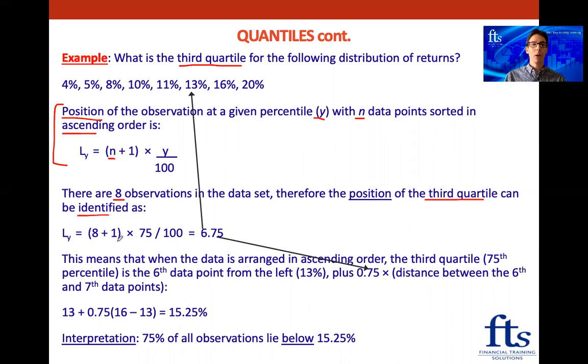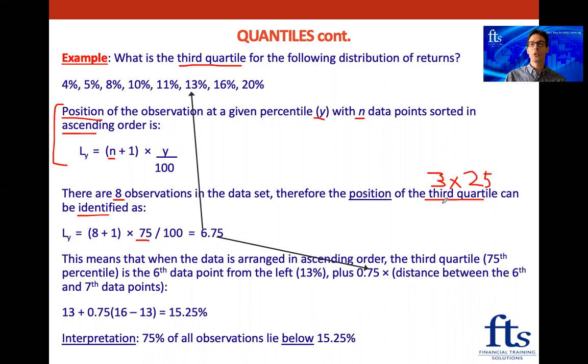What position is it? Well, we take the number of observations, 8, we add 1. So the third quartile is going to be 3 times 25, because quartiles divide into quarters. So it's 3 times 25, which is 75.